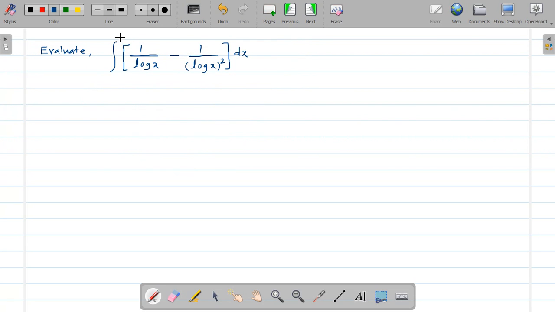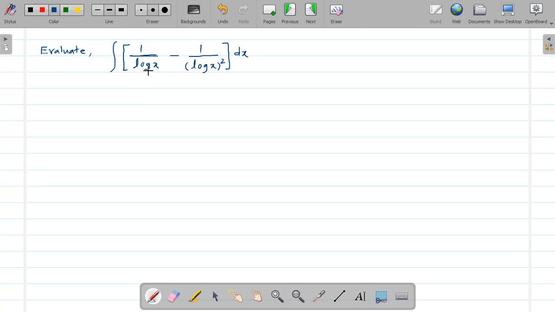Now the next one is integration of [1 upon log x minus 1 upon (log x) squared]. Now here in this case there is no e raised to x, and if you want to use that result, then we need e raised to x into [f of x plus f dash x].